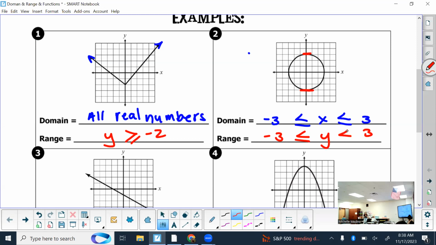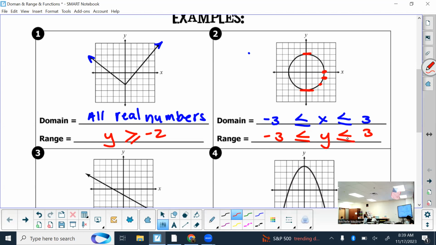Less than. Because the actual y's that are on here, like here's a y value of -2, here's a y value of -1, here's a y value of 0. All of those are less than 3. And then it touches it with the solid line, so equal to.